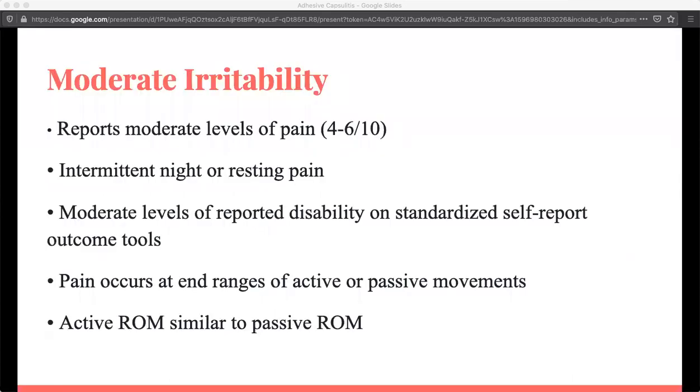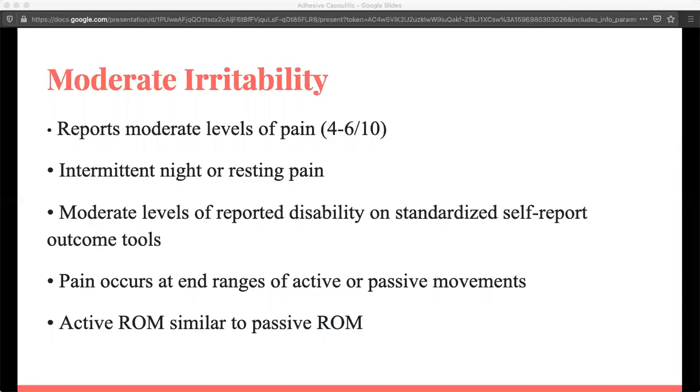Moderate pain is 4 to 6. So it's painful, but I can live. Intermittent night or resting pain, 3-4 times a week. Usually hurts only when I move it, not much resting pain. Moderate level of disability on your QuickDASH, and pain is mostly at end ranges of active and passive movements.